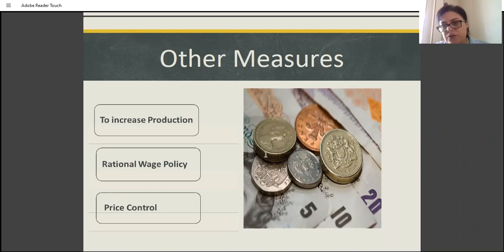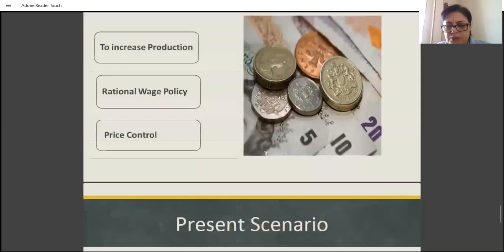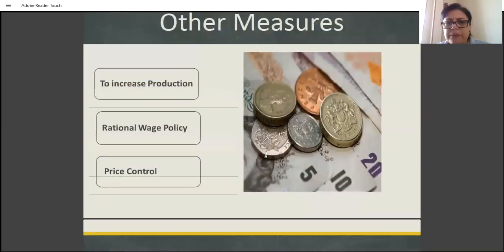And the third very realistic and efficient way is to realize reasonable price control in order to avoid a new wave of inflation. Okay, so those are the important things you have to know about inflation.